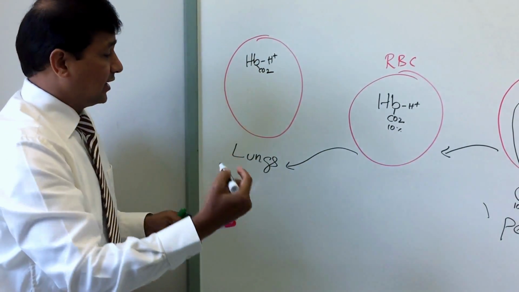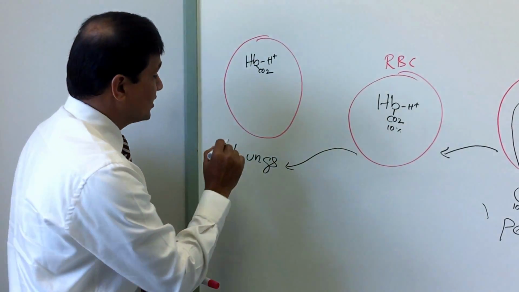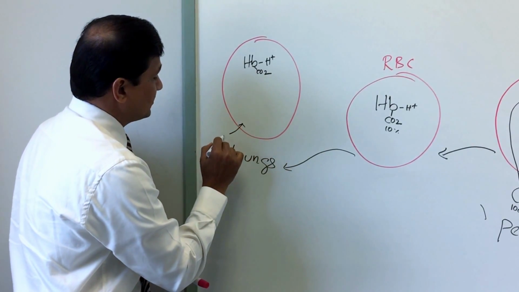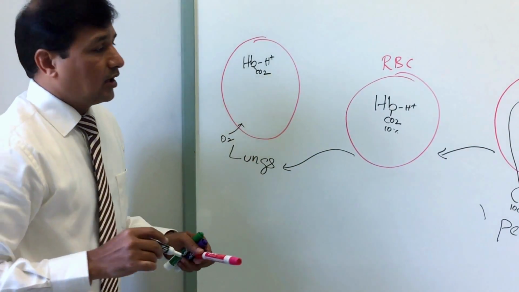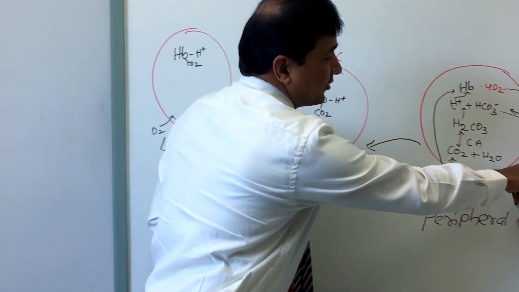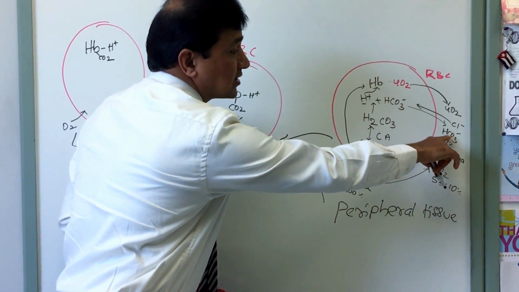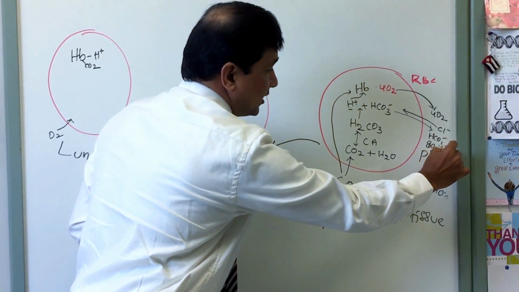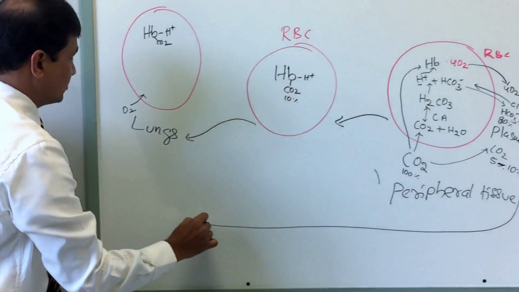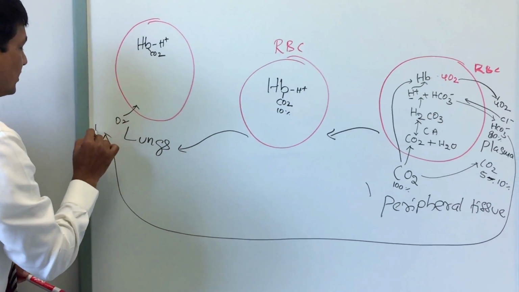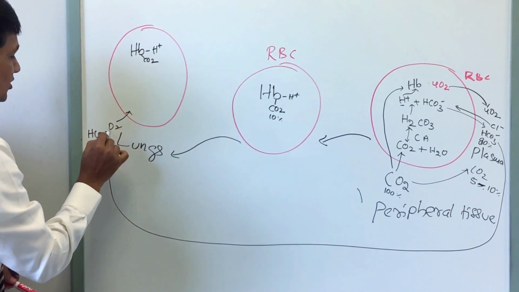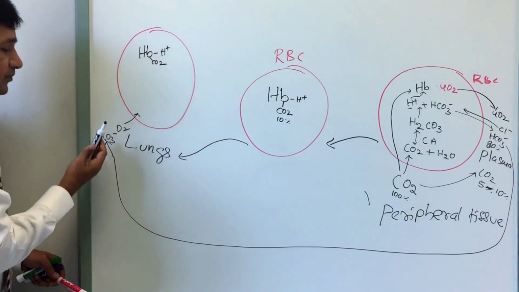Now oxygen is getting into the lungs as inspiration occurs. Also note that when venous return occurs, the plasma has bicarbonate, HCO3 minus, coming along with it.